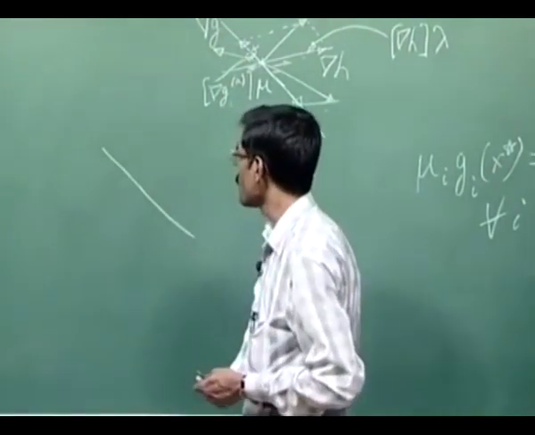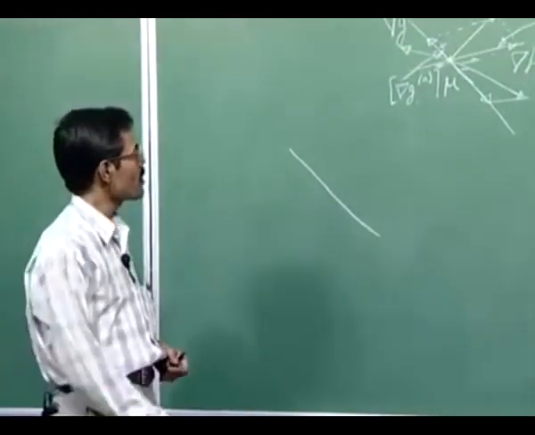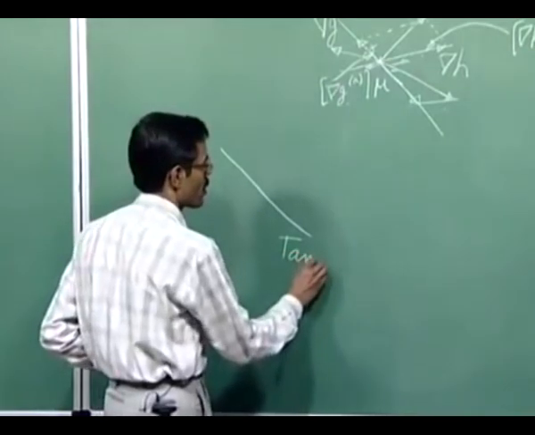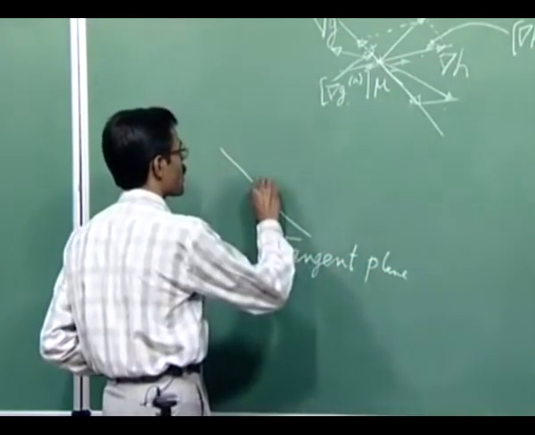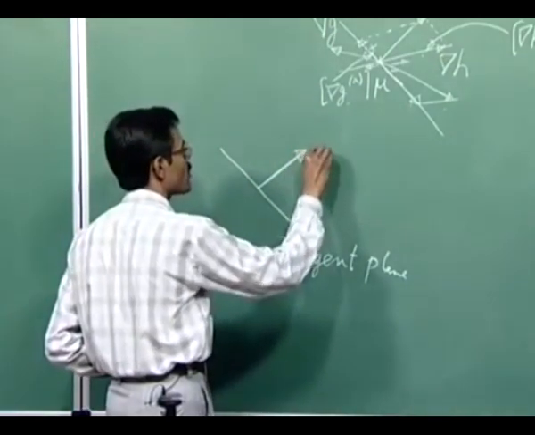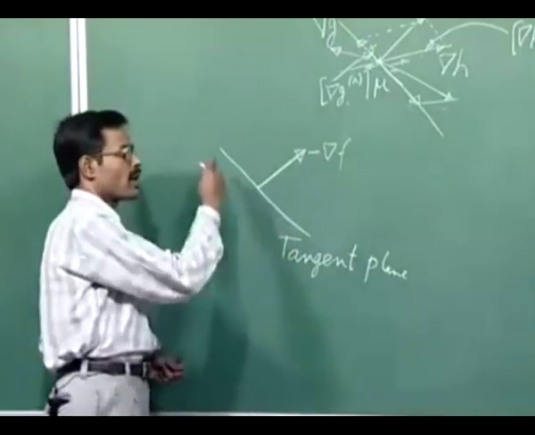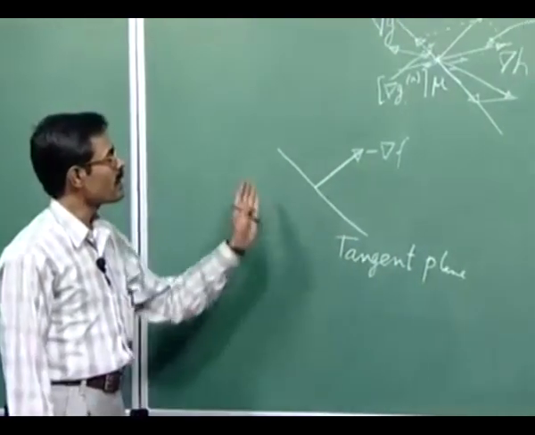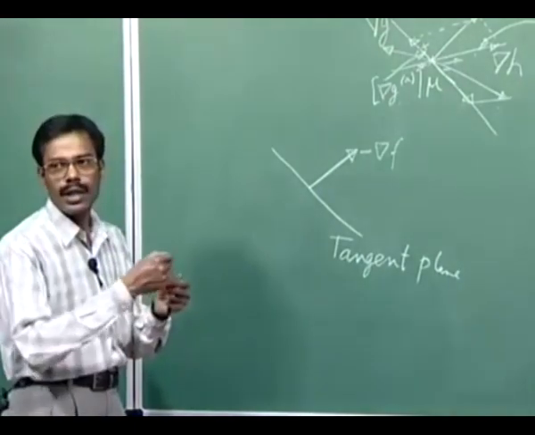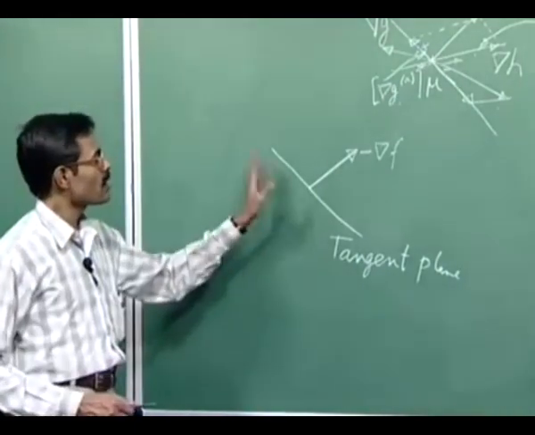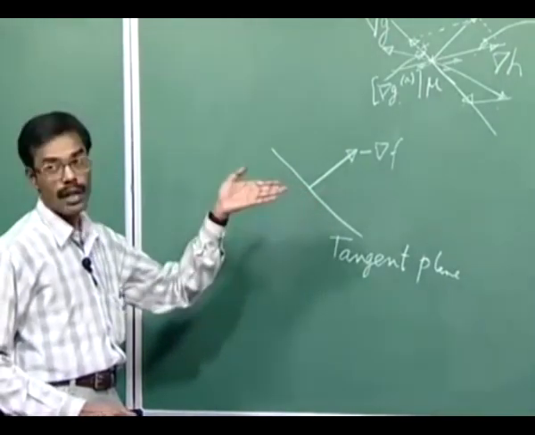If this is the tangent plane, then our previous discussion tells us that minus grad f must be orthogonal to it, because a component of negative gradient along the tangent plane would give us a first order change along the tangent plane, which means that we could decrease the function along a feasible direction.